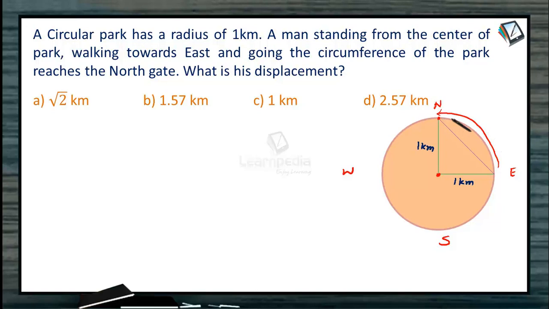Here it is somewhere north gate. Then what is his displacement? So displacement, as we know, is the shortest distance between the starting and the final point. It doesn't matter how the man has reached this point, but we know that displacement is this, only 1 kilometer. So as we know, displacement is the shortest distance, independent of the path followed by the body.